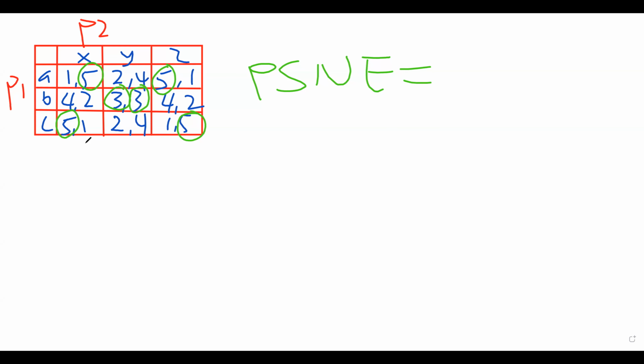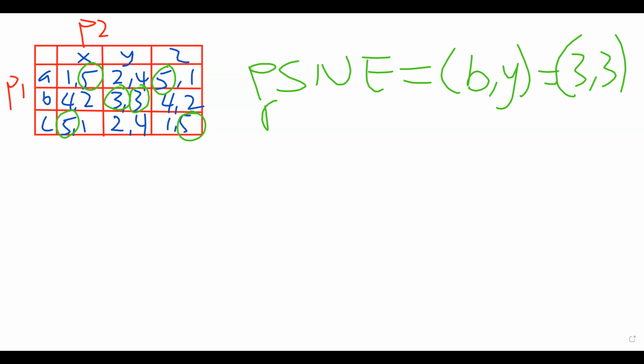So we rather say BY, exactly. So you write it like this: BY, and then equal to 3-3. So this is the pure strategy Nash equilibrium using the best response approach.